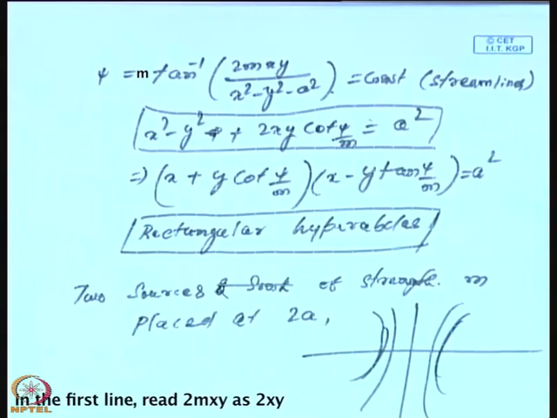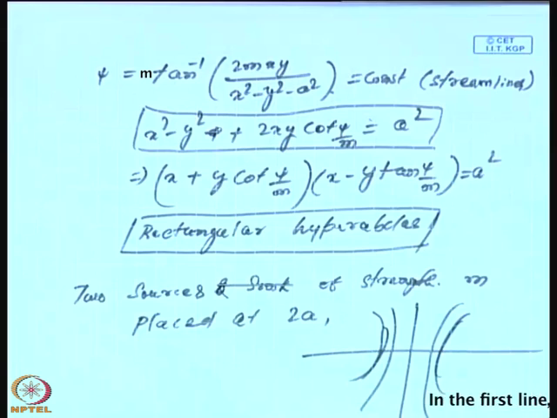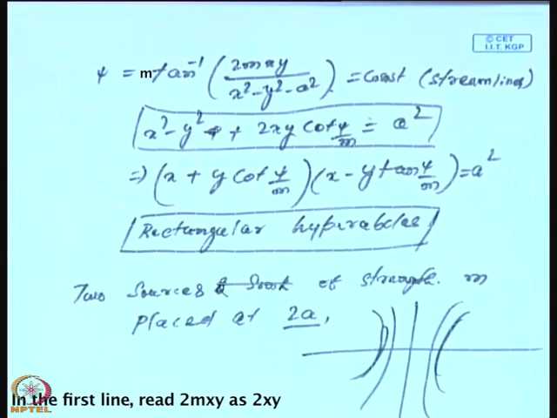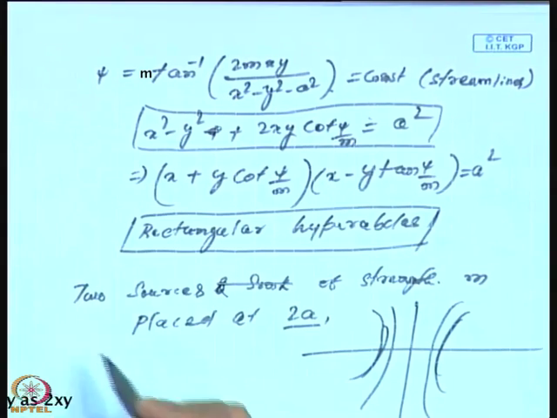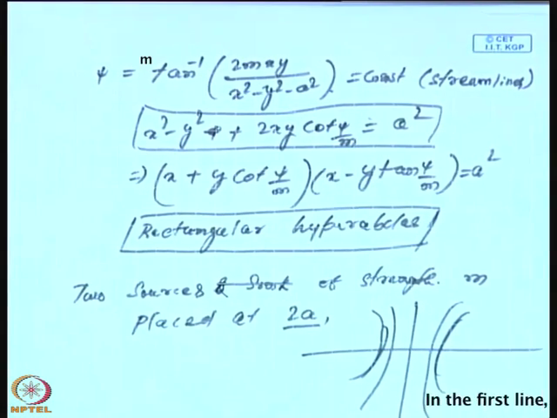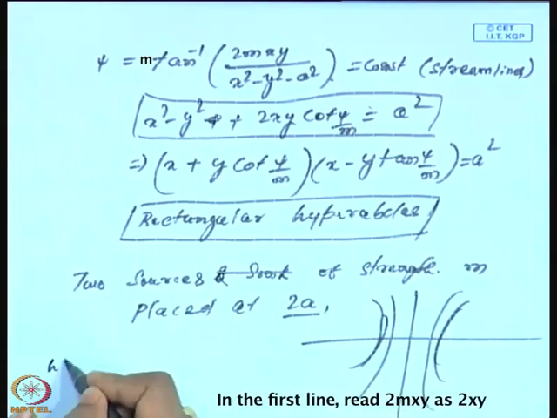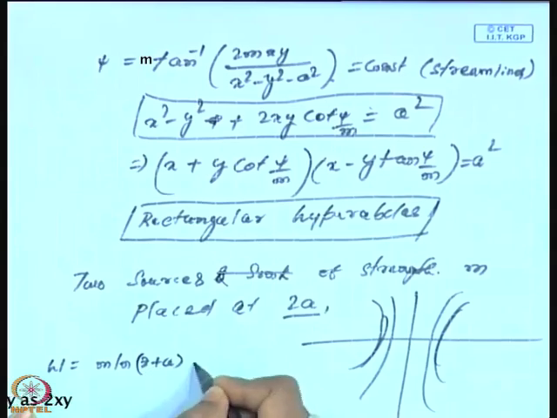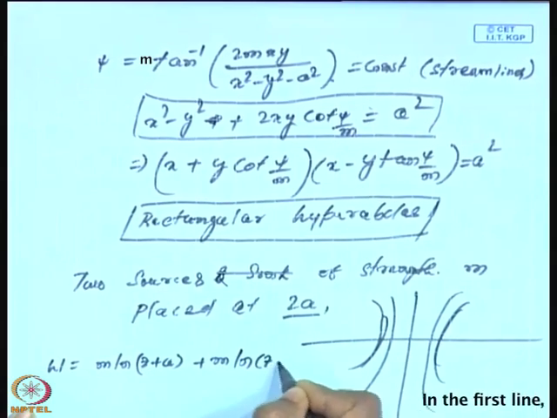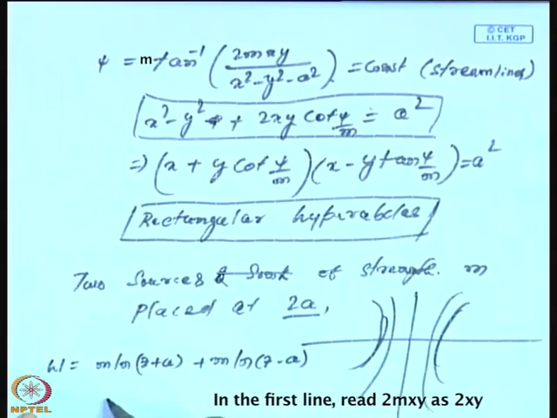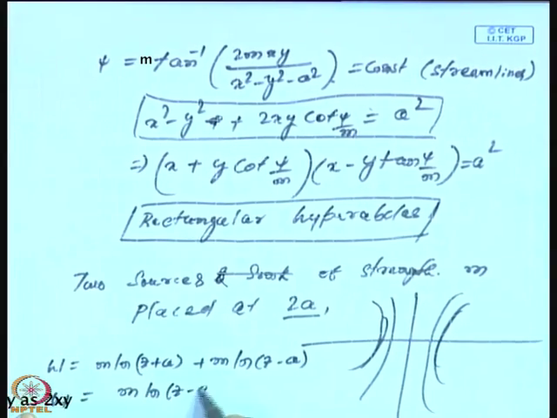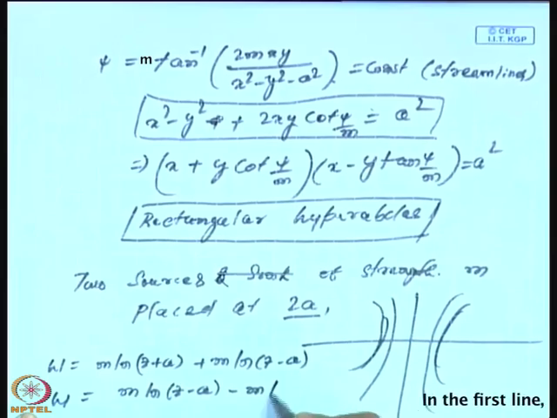On the other hand, we have seen that we get a doublet if you take a source and a sink placed again at the same distance 2a, where the distance is small. Mathematically, the complex potential W is equal to m log(z plus a) plus m log(z minus a), and at the same time we are looking at the complex potential W equal to m log(z minus a) minus m log(z plus a).